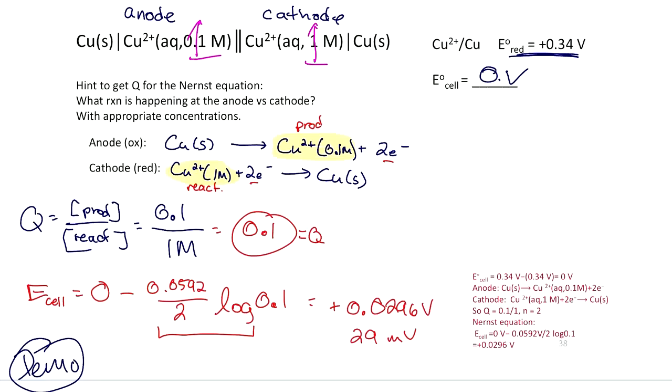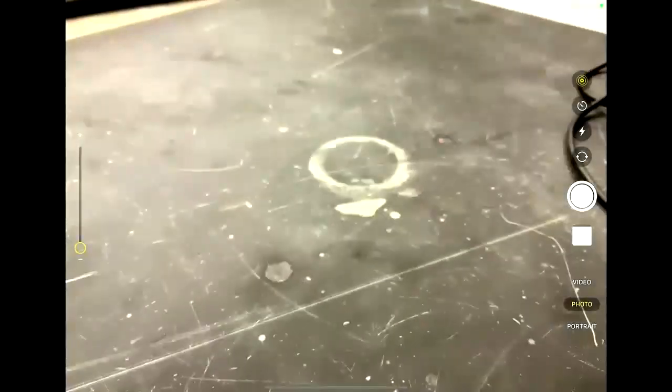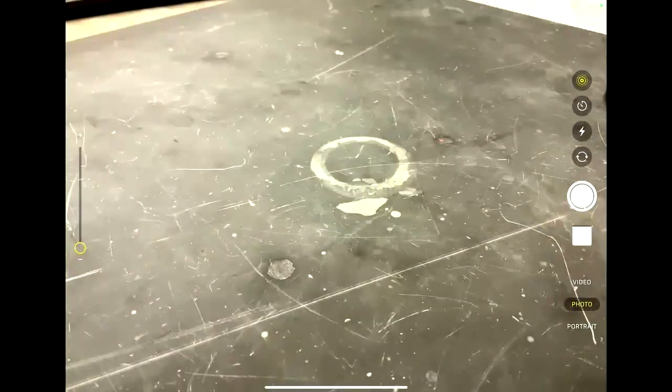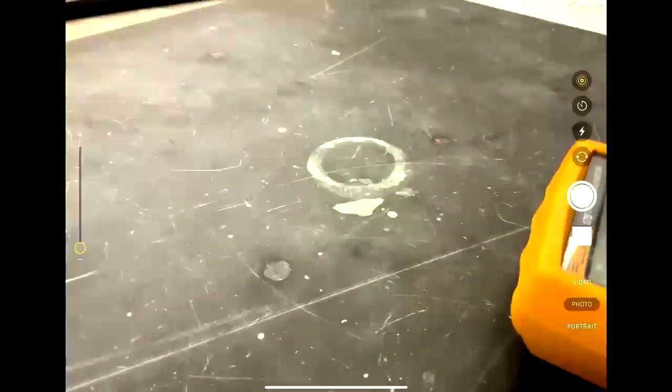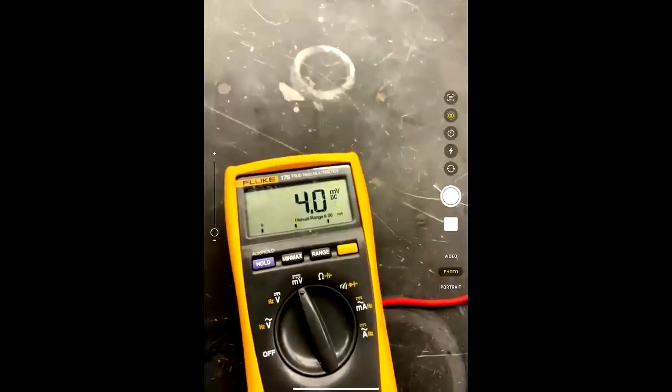I wanted to show my camera so you can actually see the values. Okay, can we read this? Nope, can't do that. All right, can you read that?